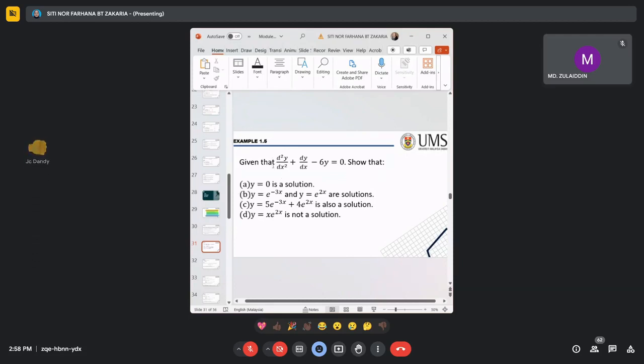Okay, so this is still the same DE. They want you to check whether the function y equals exponential negative 3x is a solution for this DE or not, and whether the function y equals exponential 2x belongs to this DE or not. Same step, same method.